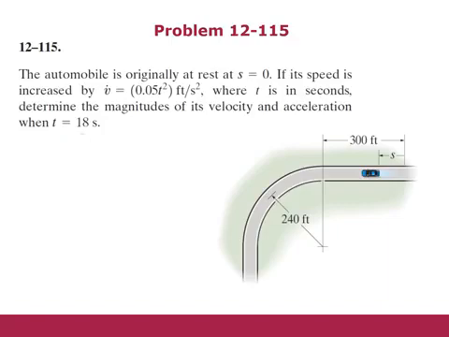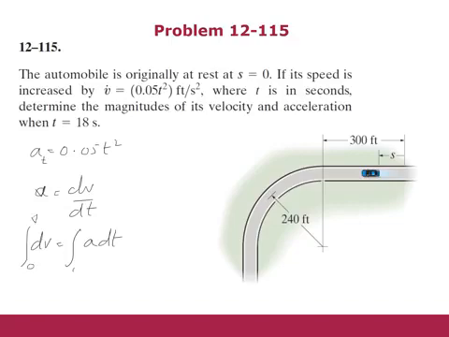So we have given the acceleration, which is a_t is equals to 0.05 t square, right? And we know that acceleration is actually dv by dt. That is why dv is a dt, and we are starting from 0 to v. That is why we are having these limits.